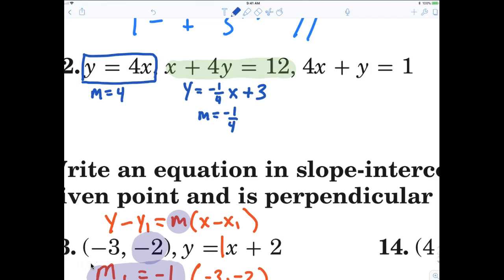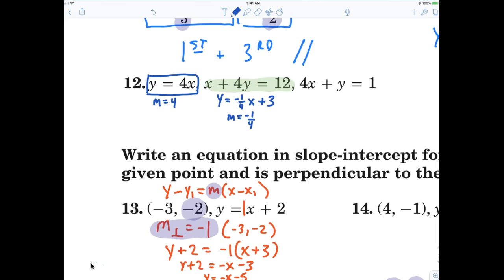Negative 1/4. And then the slope of the third line, pretty easy mental math, is what? Be careful. Negative 4, right? You have to move the 4x over to the other side. So that slope is negative 4.